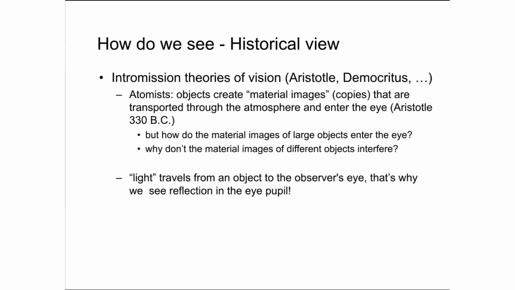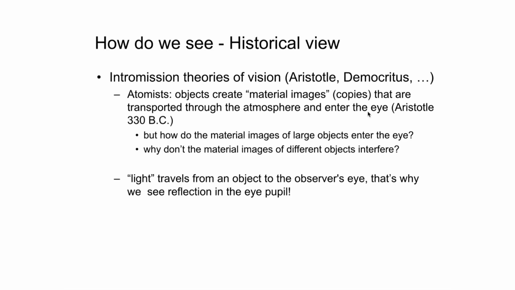But when we come to the second view of vision, it's the intromission theory of vision, which is mainly advocated by Aristotle, Democritus, and different people. Basically, intromission says that the external objects are responsible for emitting lights, and the copy of that emitted light is transported to our eyes through the atmosphere, and our eye uses some components like the retina to refract these lights and make some kind of semantic image of objects.